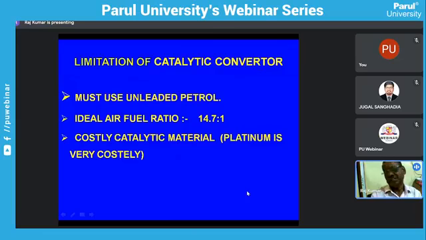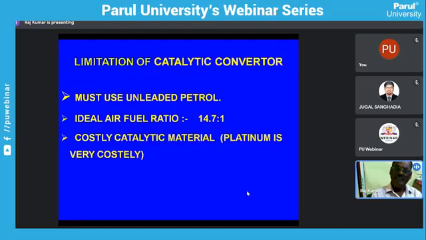Now it has a limitation. If the fuel ratio is not maintained properly, the costly metal coating, rhodium, platinum, will get spoiled. It will get burned.